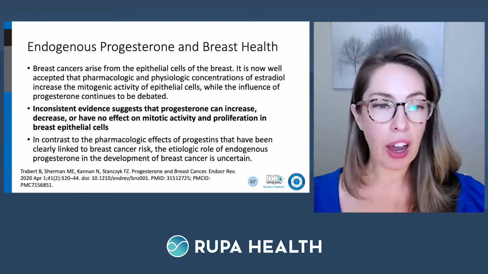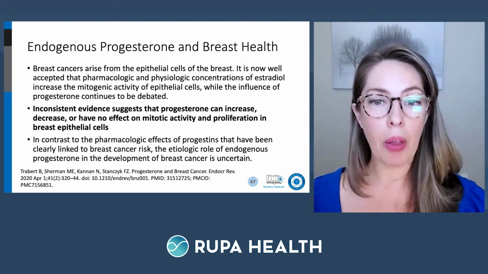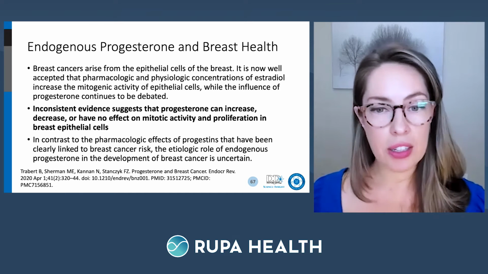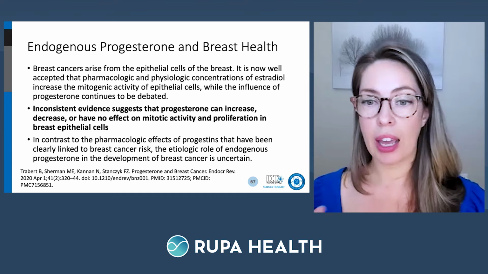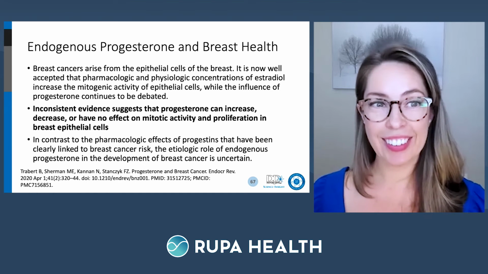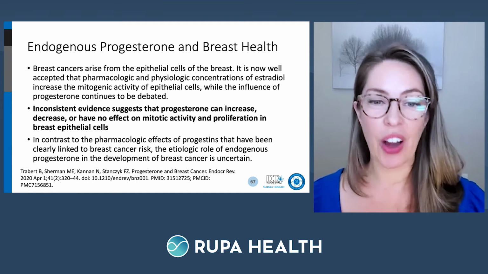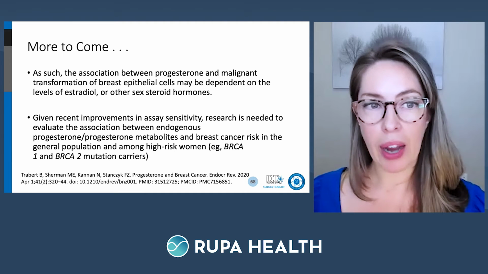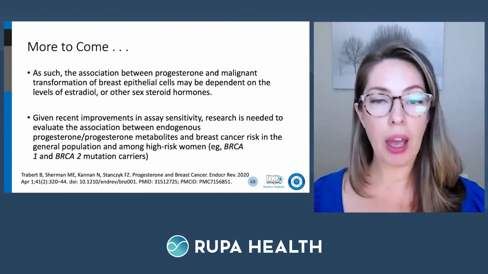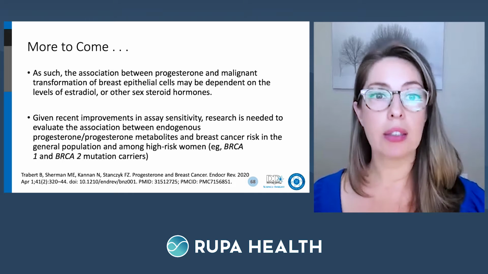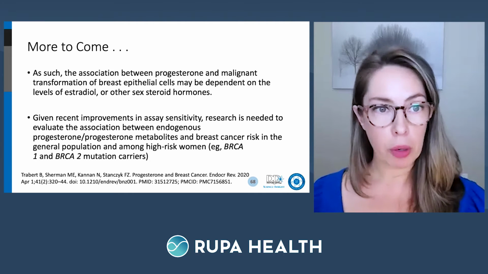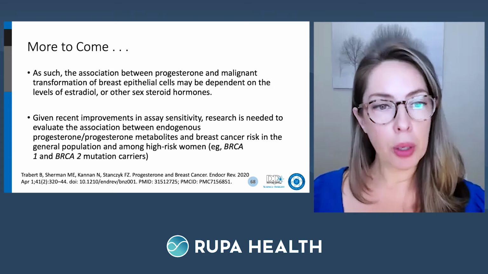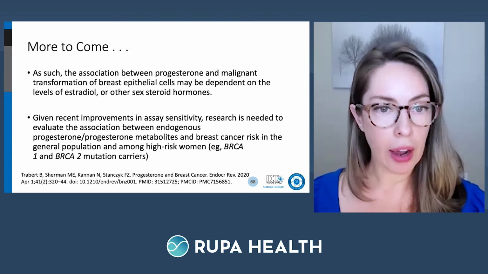We don't have a lot of data about the progesterone metabolites. And so, there's inconsistent evidence, I'll say. Some studies say that it's increasing proliferation, decreasing, or having no effect. So the jury's probably out. In the coming years, because there's more research looking at LCMS and these metabolites, we'll have more information. But at this point, we have to be a little bit careful about how we understand that.